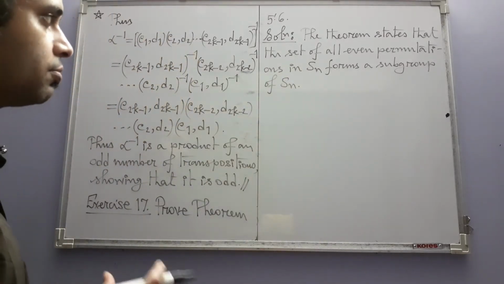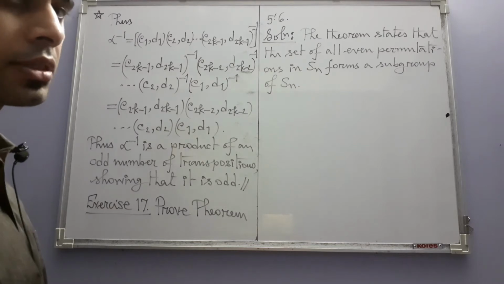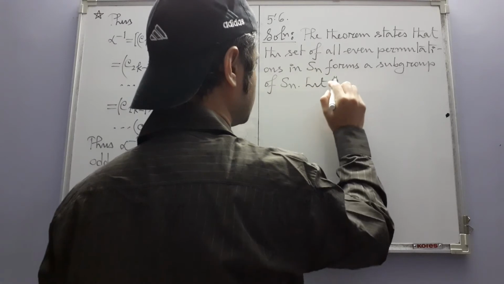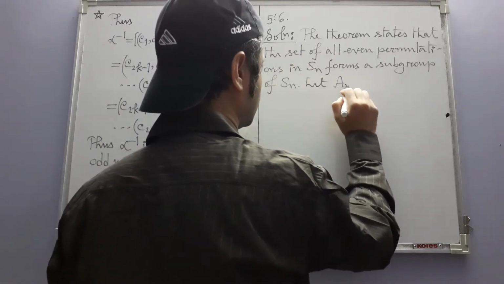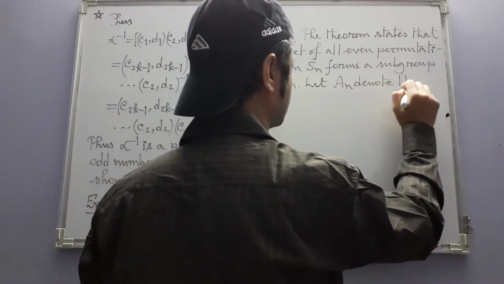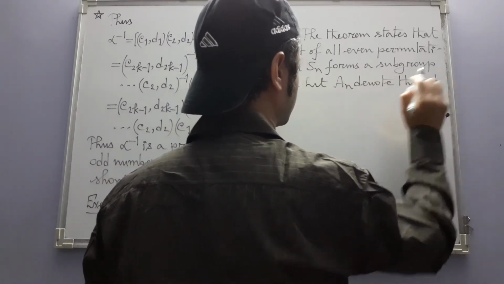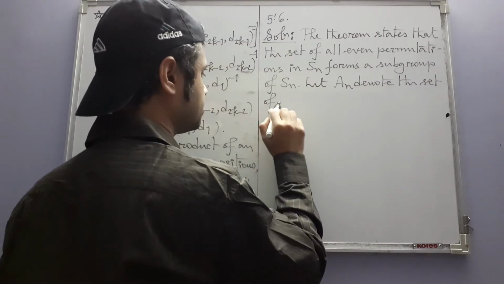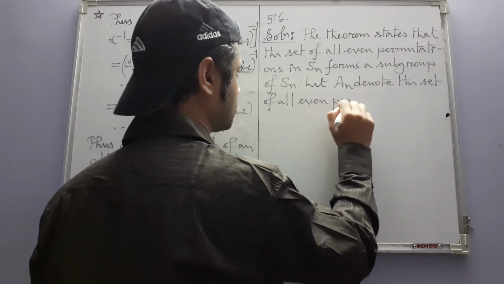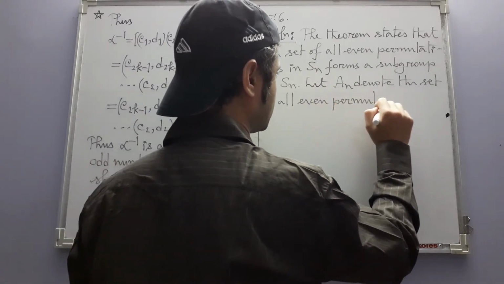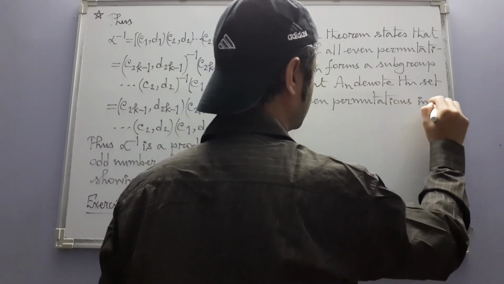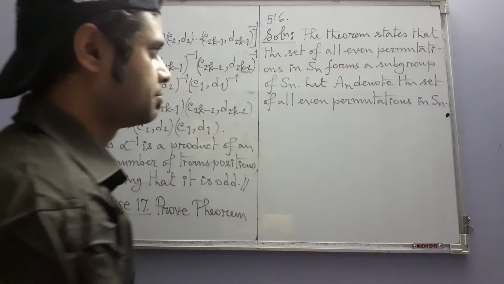Okay, so to prove this, let us denote this set by something. Let An denote the set of all even permutations in Sn.